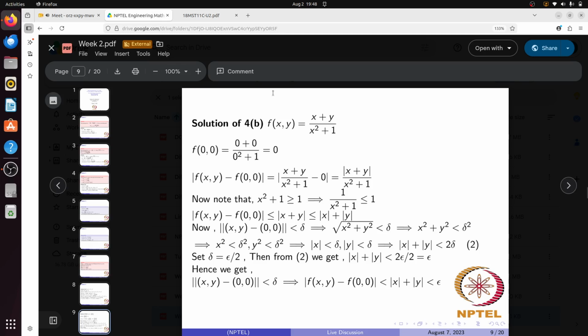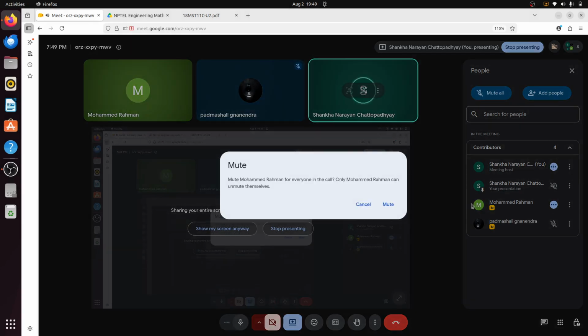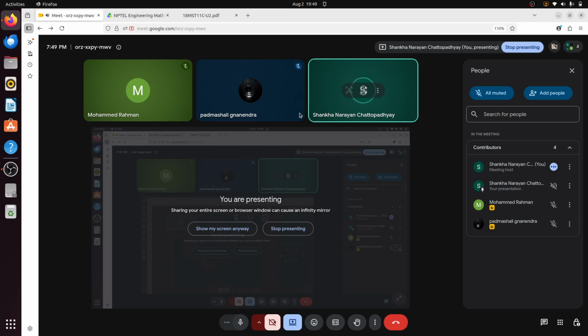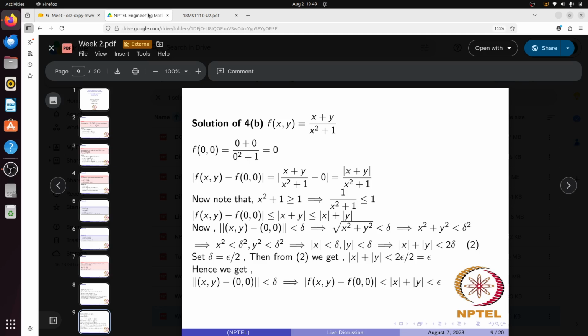So the modulus of f(x,y) minus f(0,0) is less than or equal to the modulus of (x plus y), which is less than or equal to the modulus of x plus the modulus of y. Now x squared less than delta squared, y squared less than delta squared, so the modulus of x is less than delta and the modulus of y is less than delta.